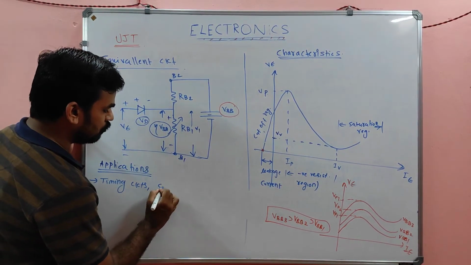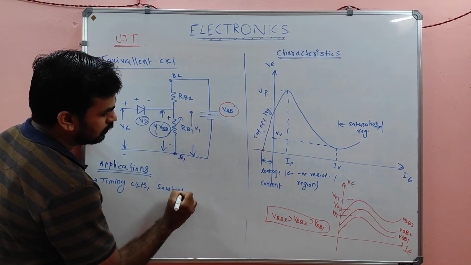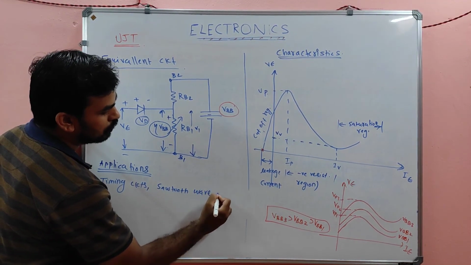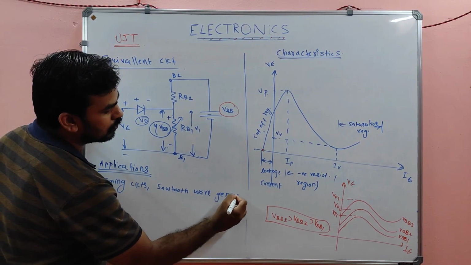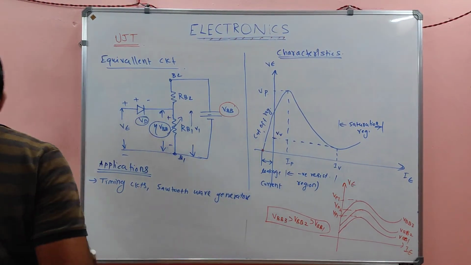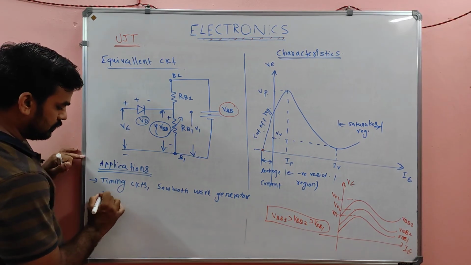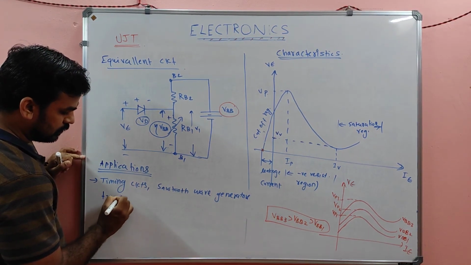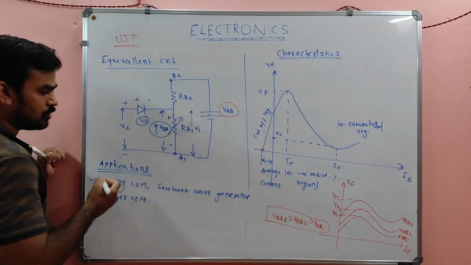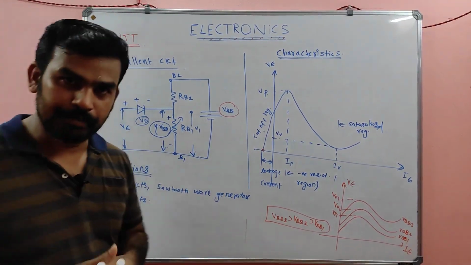Next one, sawtooth wave generator. And trigger circuit. So these are the areas where this UJT can be applied.